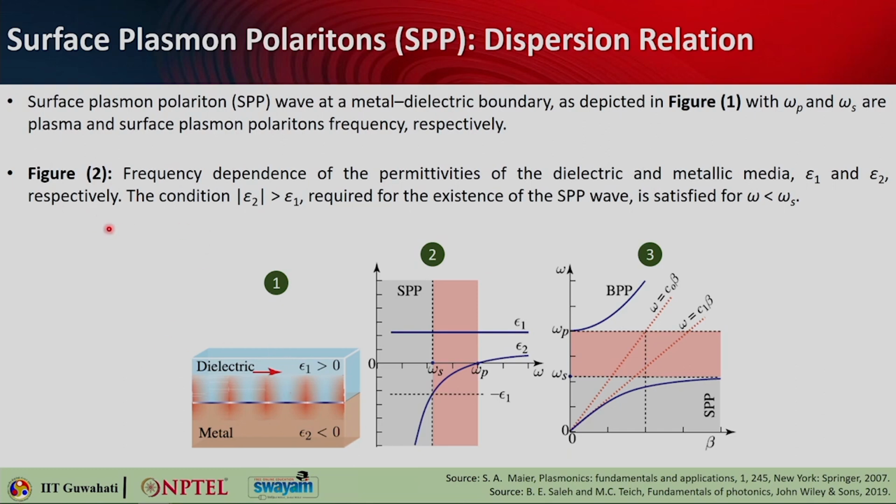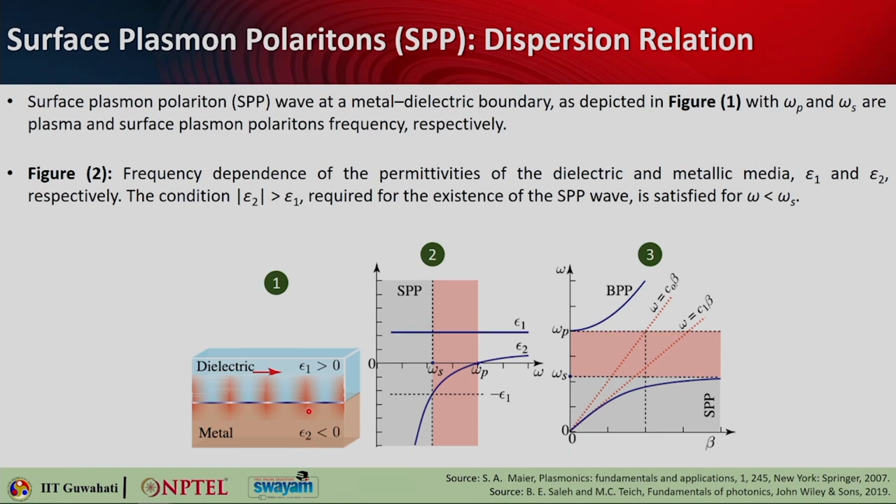Now, if you look into figure 2, there is a reversal in the denomination. The parameter for dielectric is epsilon 1 here. So, let us consider epsilon 1; it is a positive value, so you have drawn it here.